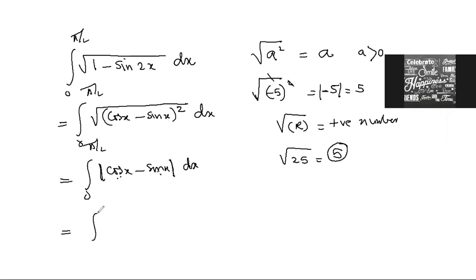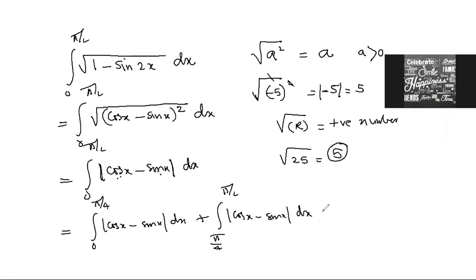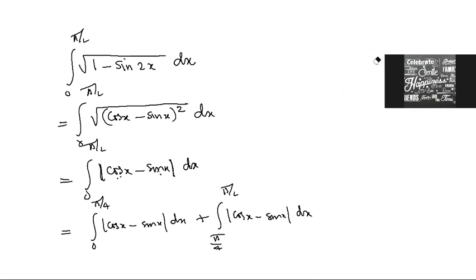So you will split it from 0 to pi by 4, modulus of cos x minus sin x, plus pi by 4 to pi by 2, modulus of cos x minus sin x. Now we ask where the term inside the modulus is positive and where it is negative.